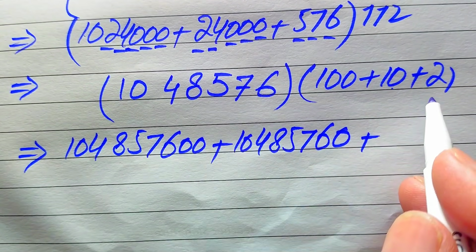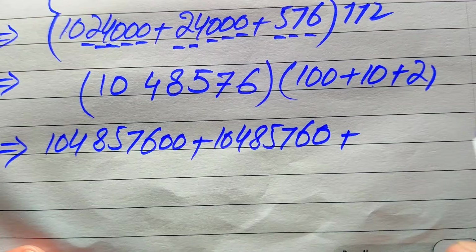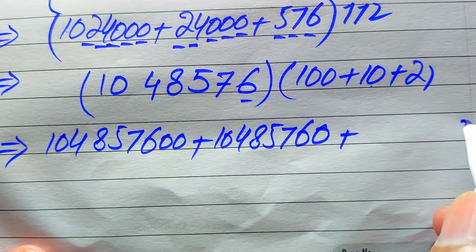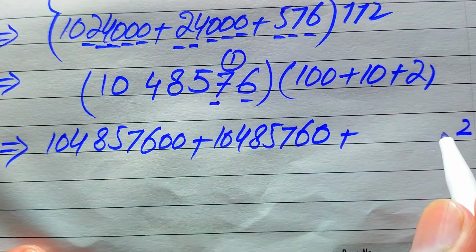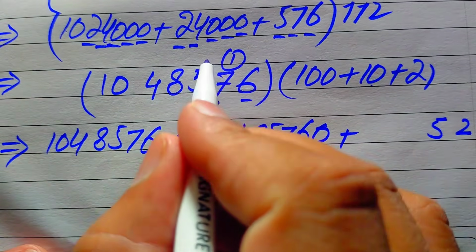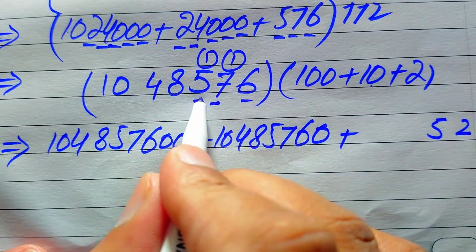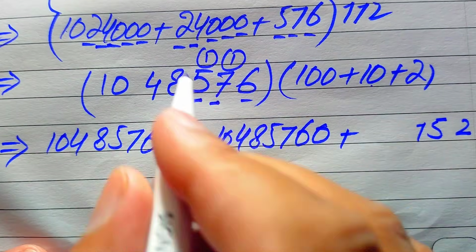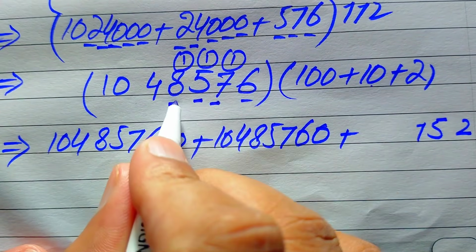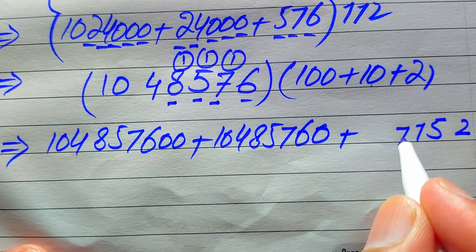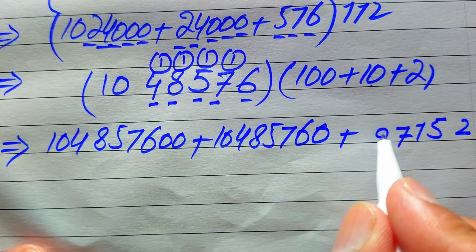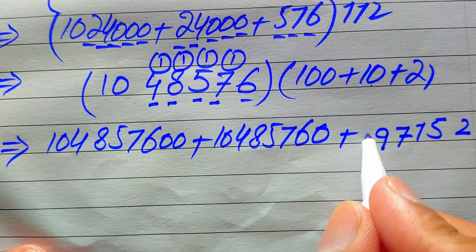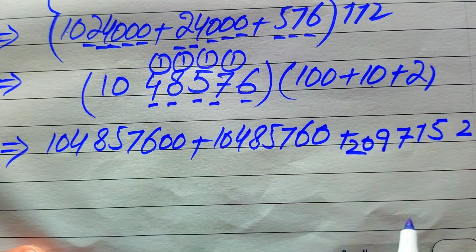And when we multiply this number with 2, we obtain: 2 sixes are 12, we write 2 and carry 1. 2 sevens are 14, 14 plus 1 becomes 15, we write 5 and carry 1. 2 fives are 10, 10 plus 1 becomes 11, we write 1 and carry 1. 2 eights are 16, 16 plus 1 becomes 17, we write 7 and carry 1. 2 fours are 8, 8 plus 1 becomes 9. 2 zeros are 0 and 2 ones are 2.